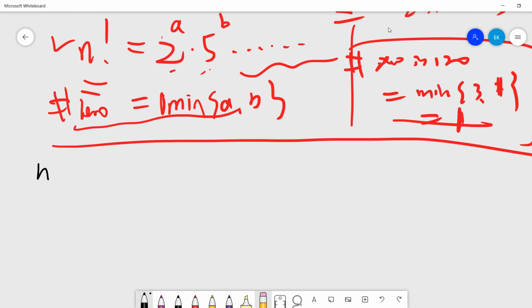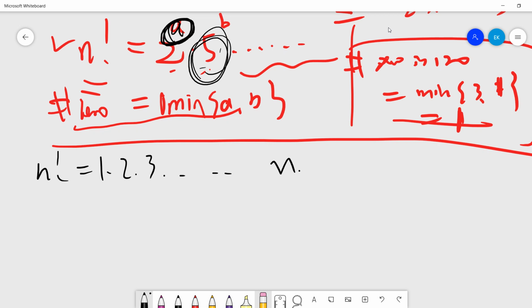Since n factorial is just 1 times 2 times 3 up to n, we need to first find a. So basically, you will have a lot of 2s, but 5s are fewer, right? It's very obvious that 5 is less. So the key is that the minimum of a and b reduces to b.